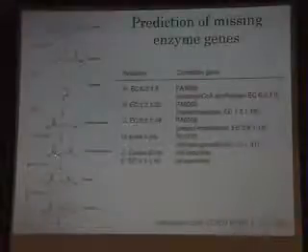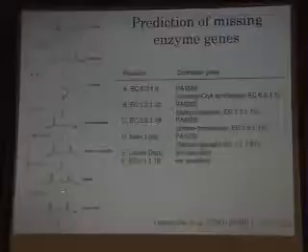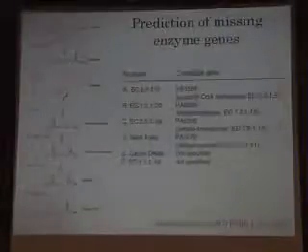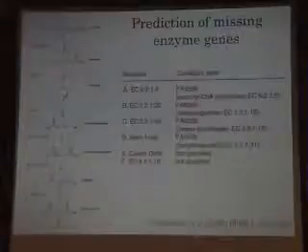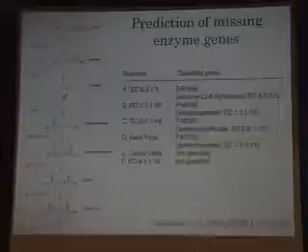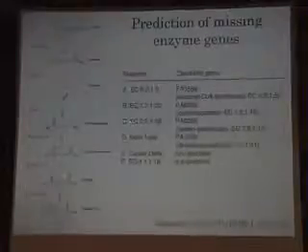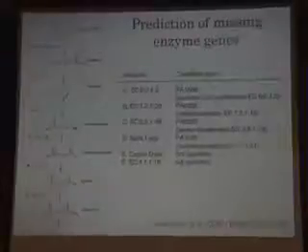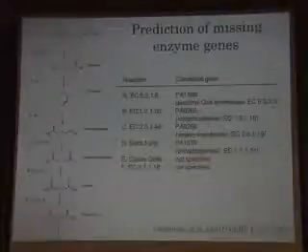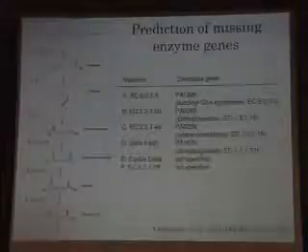I'm sorry, this is upside down, but there are 6 reactions from the resin to the glutaryl-CoA in the missing pathway or network, and we have assigned a candidate gene from Pseudomonas aeruginosa to each reaction. We have actually verified 2 of these genes by biochemical experiment, to see whether these genes actually function for this enzymatic activity.